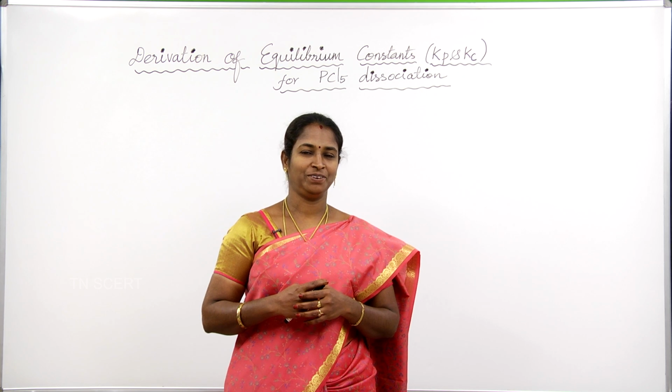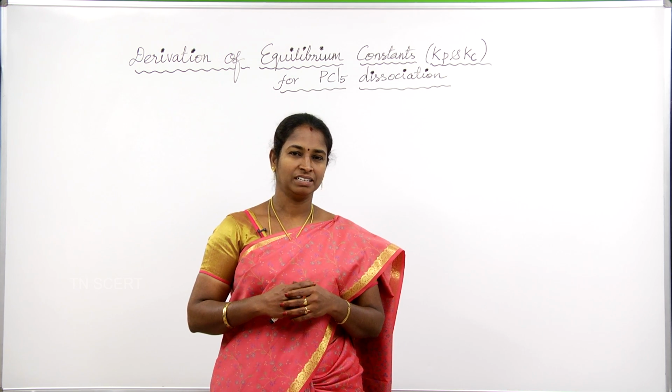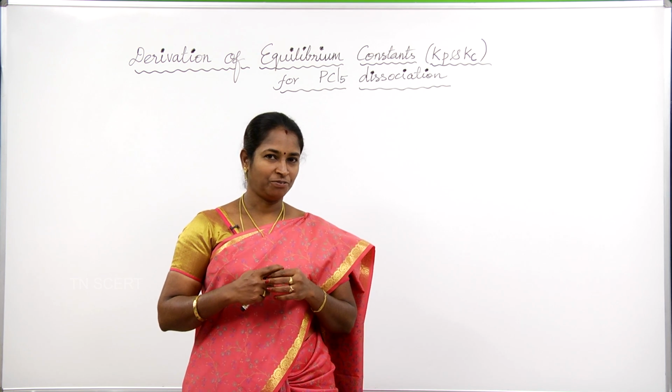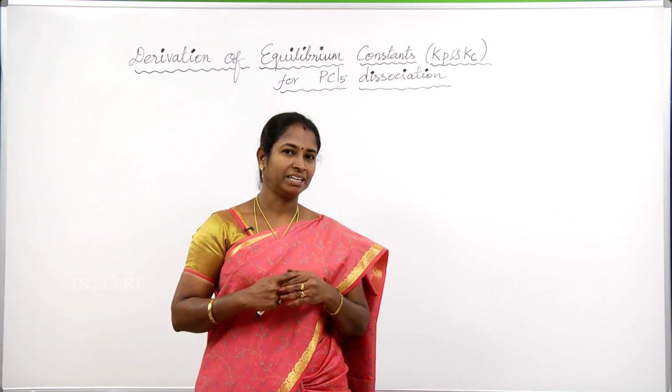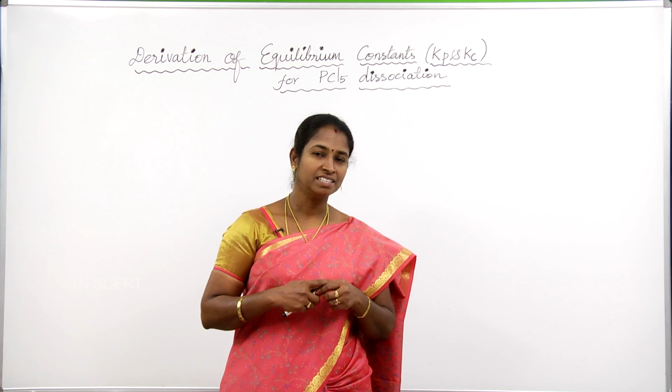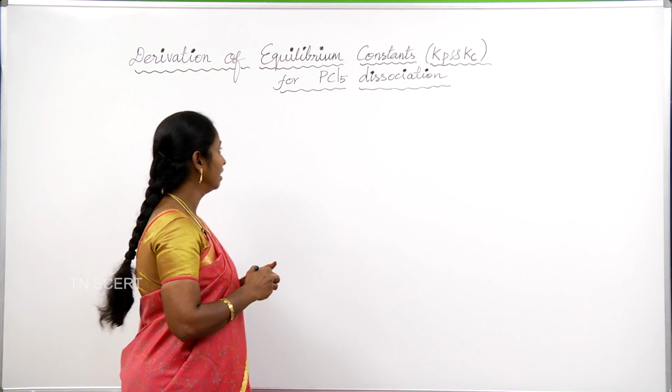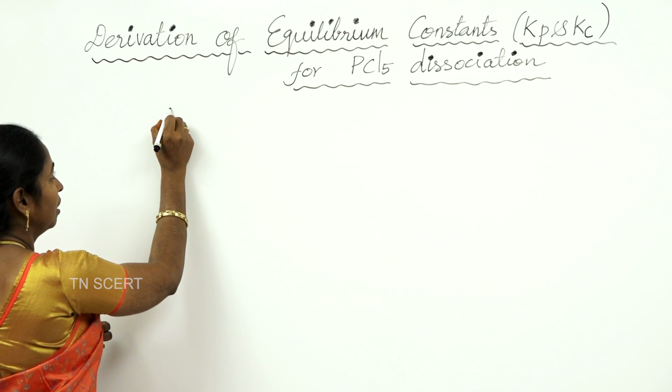Dissociation of PCl5 is an example of a reversible reaction. Here PCl5, that is phosphorus pentachloride in gas phase, is in equilibrium with PCl3 and Cl2. Let us write the equation.